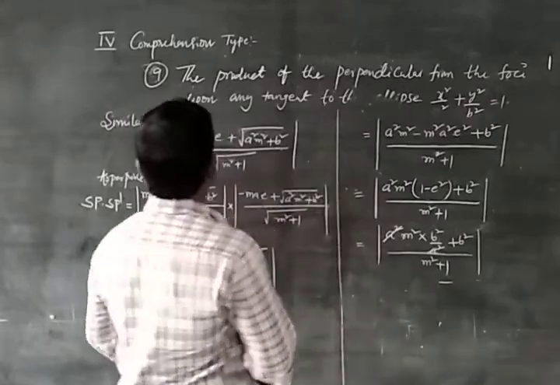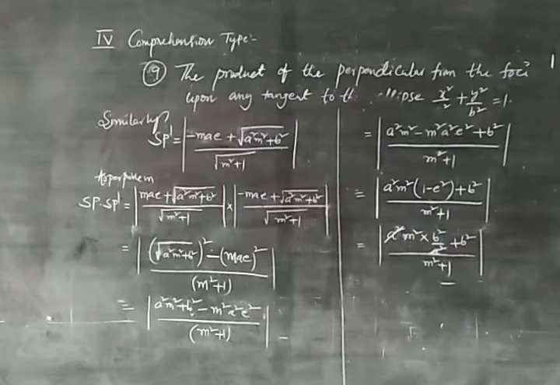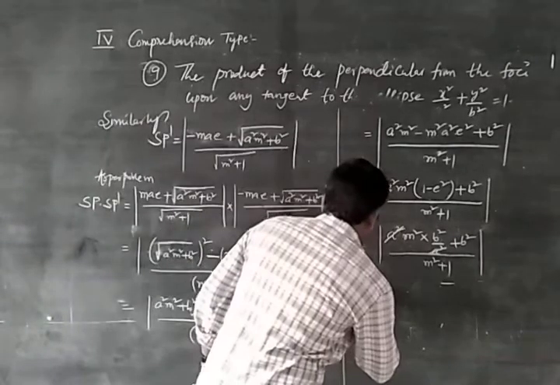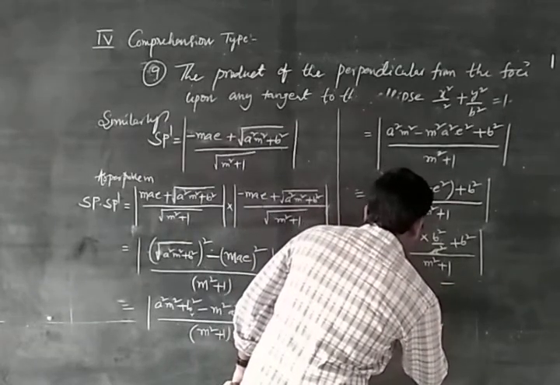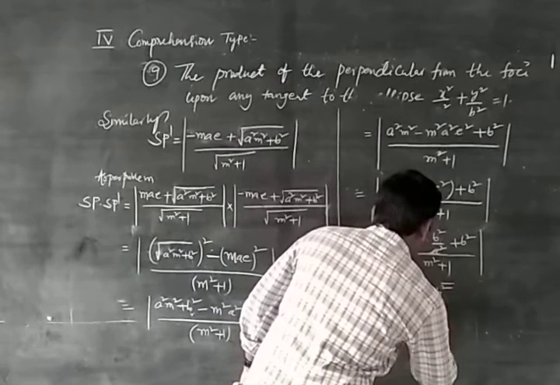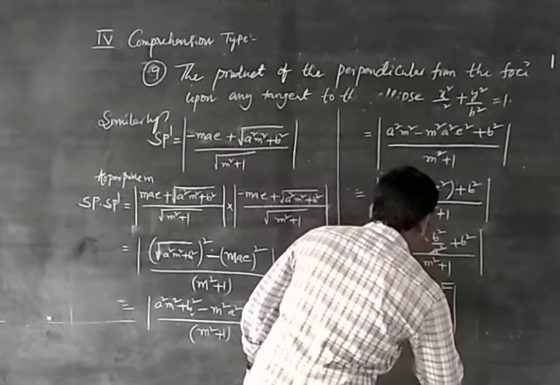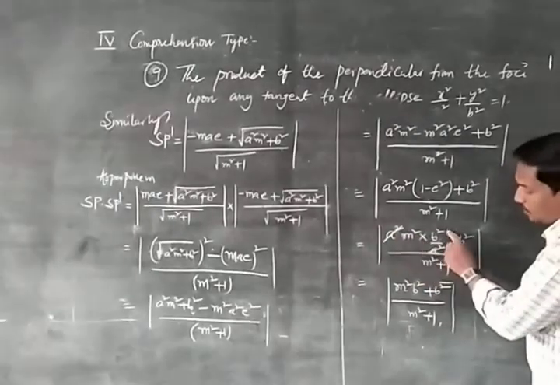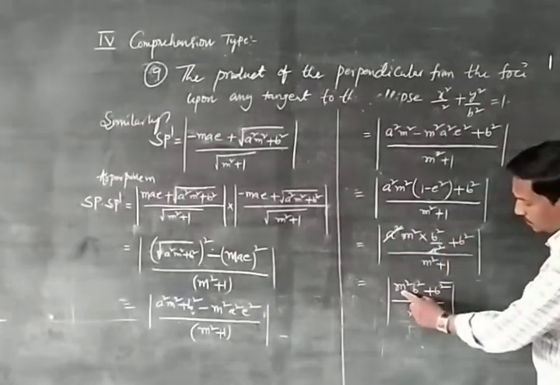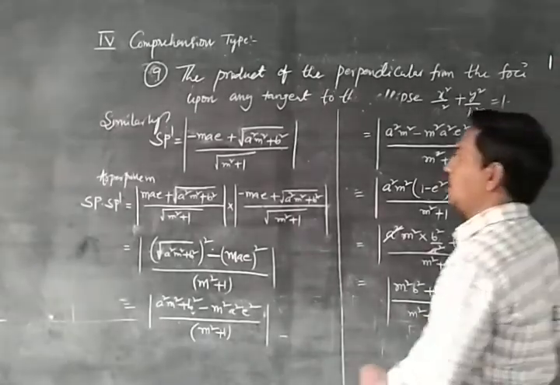What is the remaining one? m square b square plus b square by m square plus 1. That is b square (m square plus 1) by m square plus 1.